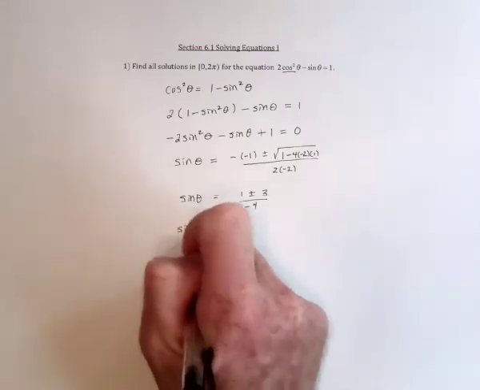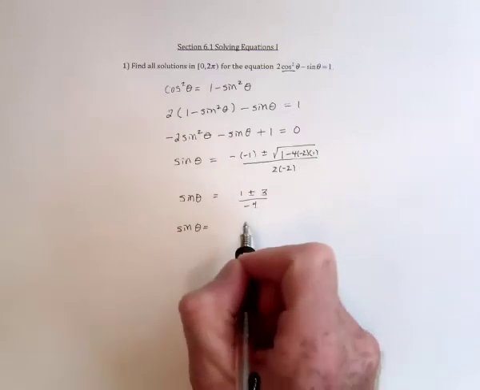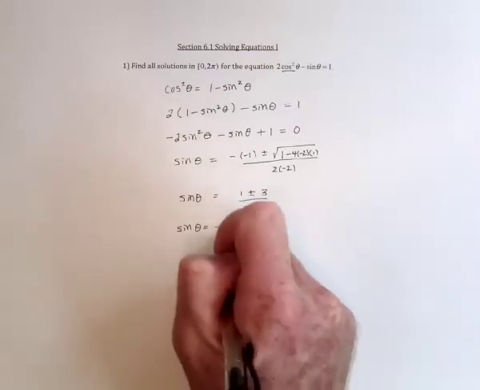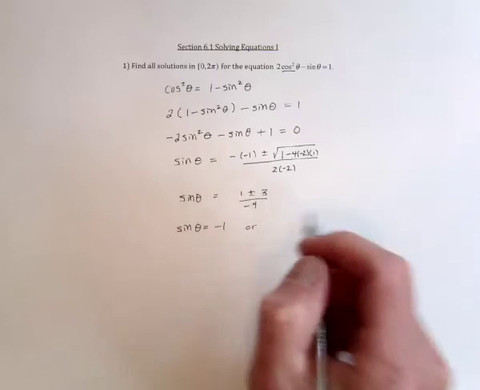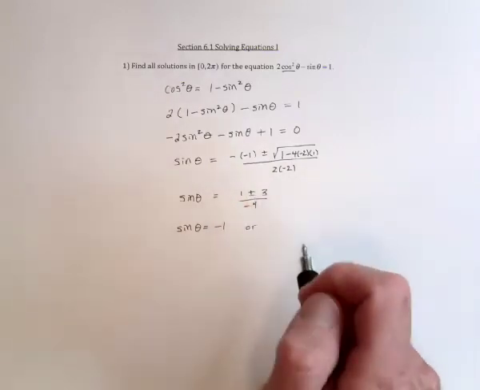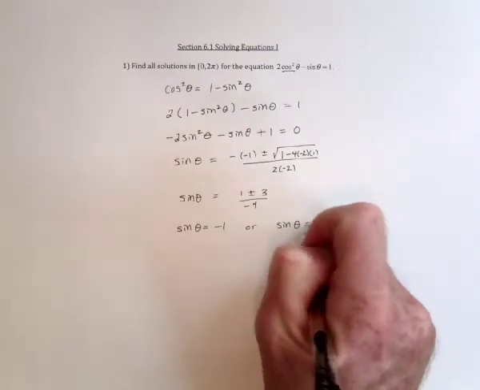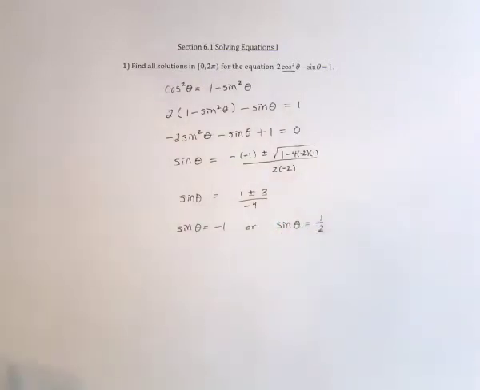So sine of theta equals a 4 divided by negative 4 equals a negative 1. Or it's going to be 1 minus 3, which is negative 2 divided by negative 4. So we need to know when is sine equal to negative 1 and when is sine equal to a half.